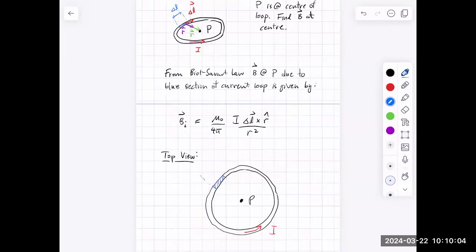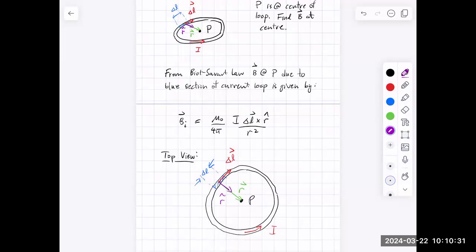So here is delta L, the length of the segment. The delta L vector, we drew it red, and so there it is. And then the position vector, we drew green. There it is. And then we had finally our r hat unit vector.